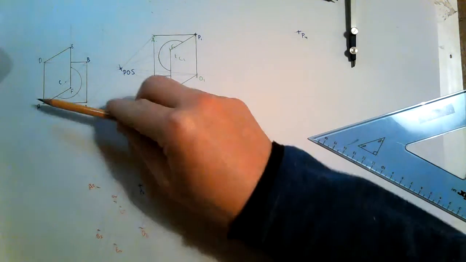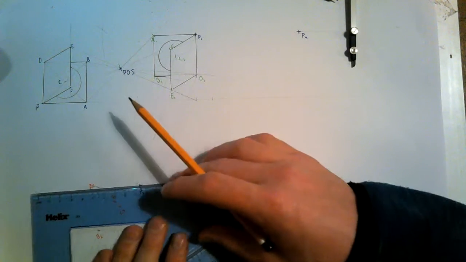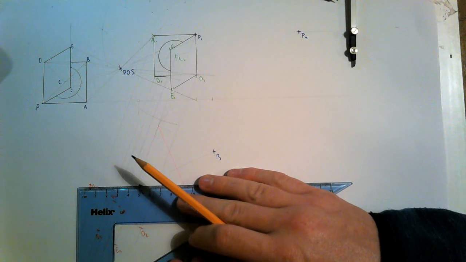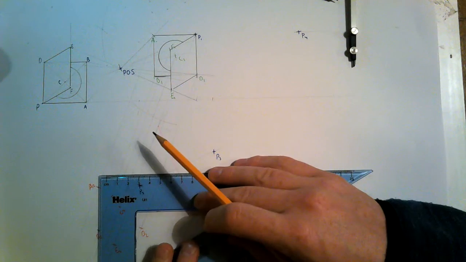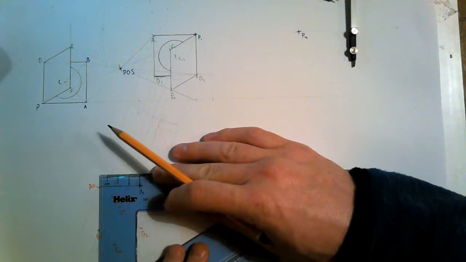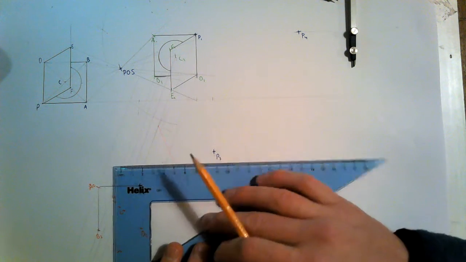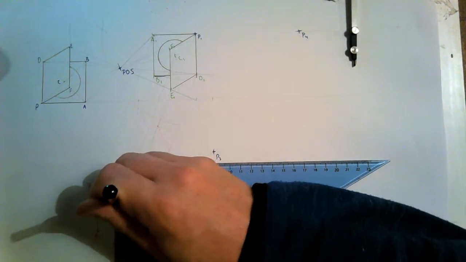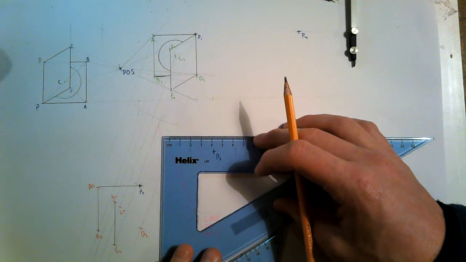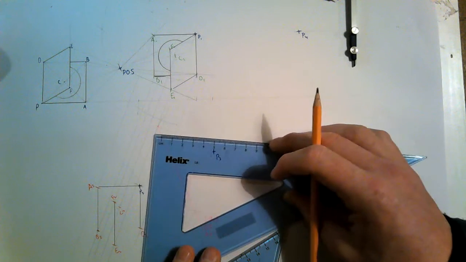Now, so we'll go back to our first drawing again, and we see that P goes to A. Okay, A goes to B. E goes to F. And P goes to D. Okay.